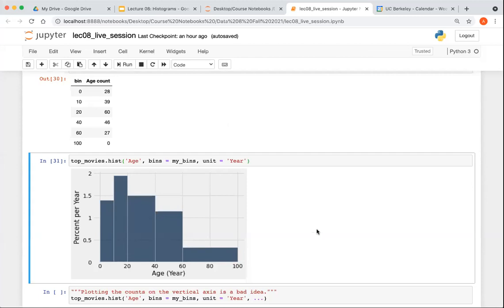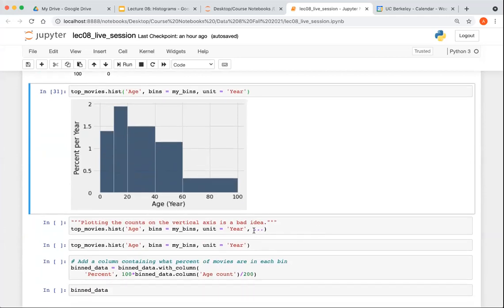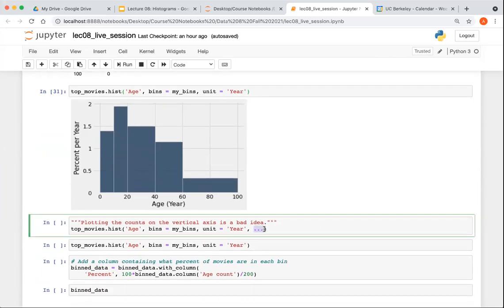Yeah, okay. What if you had not wanted to bother with this and just plot the counts instead? Now I'm going to do something in the demo that I never want you to do. I'm going to use the bad option to hist. I am going to draw this by plotting just the counts. Okay, and we're going to see what happens.